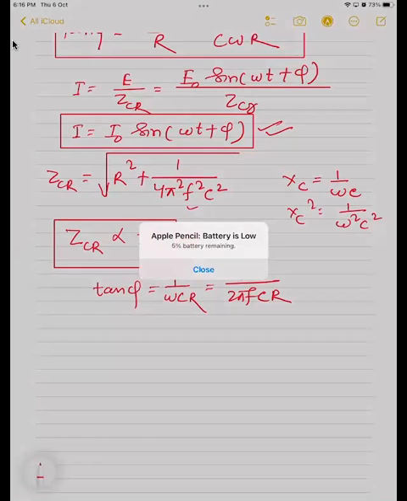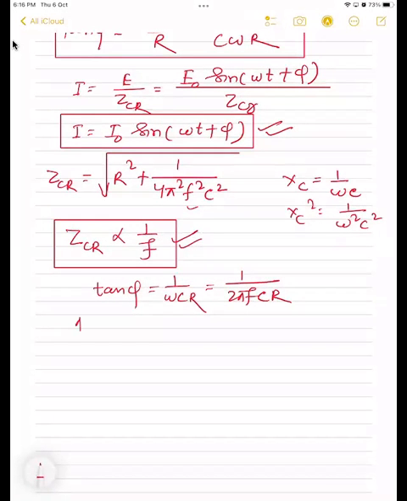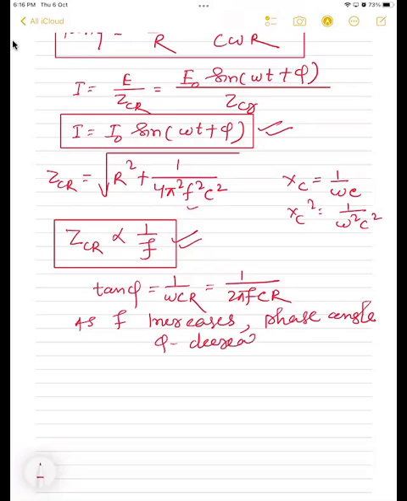So as F increases, phase angle increases, because F is in the denominator. Understood?